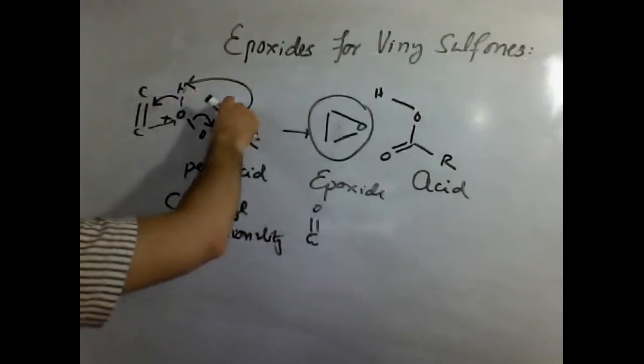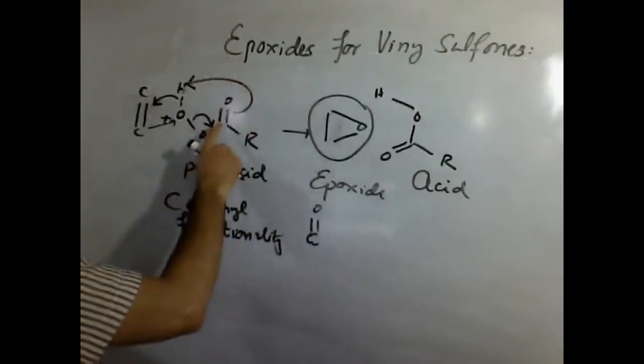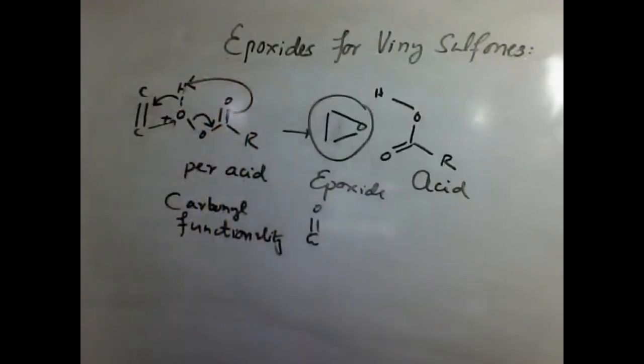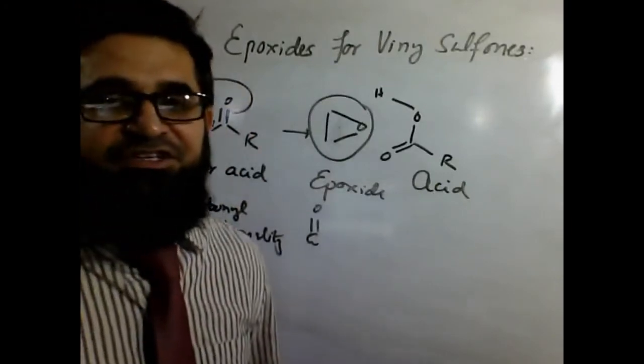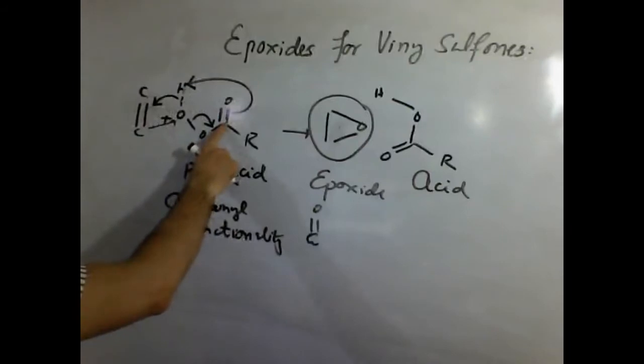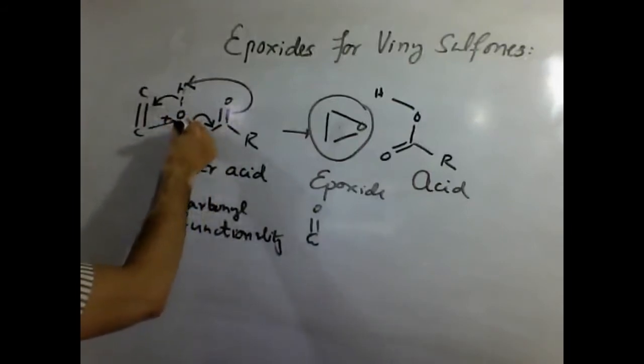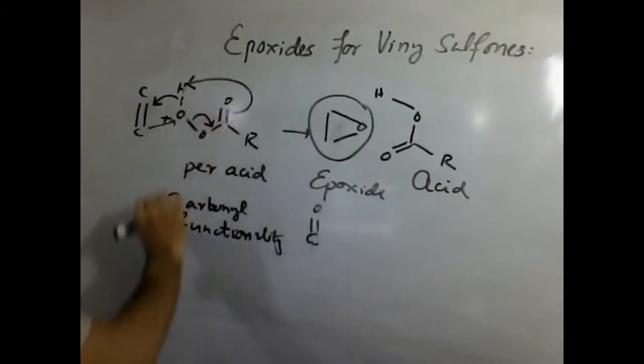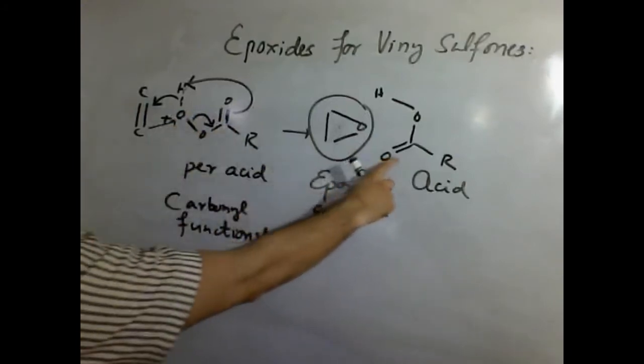As this bond moves up, this carbon will become positively charged, and as a result the bond between oxygen and oxygen will move into it, and this will be converted into like this one.